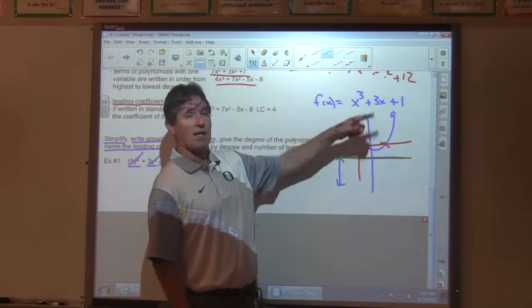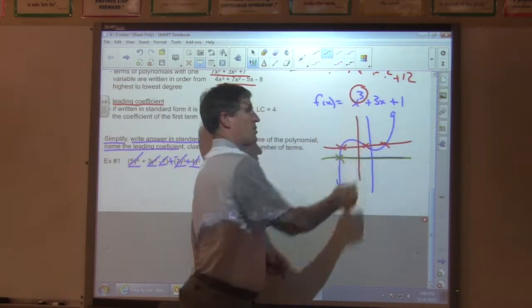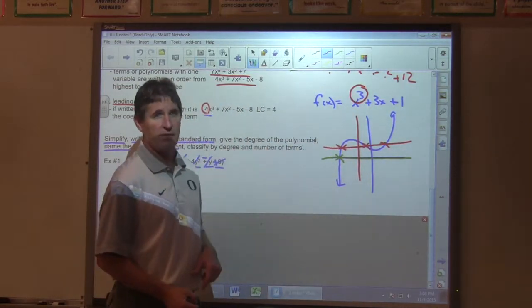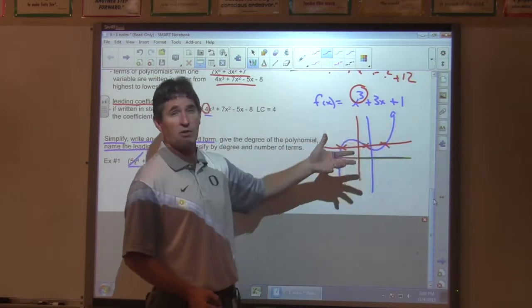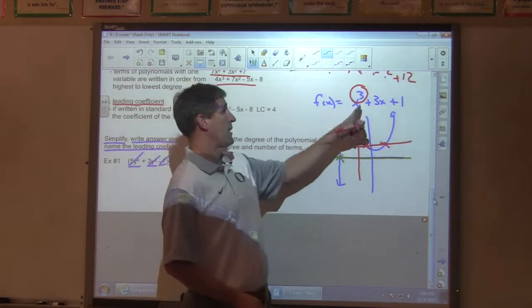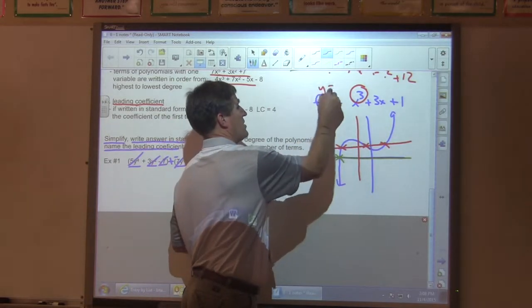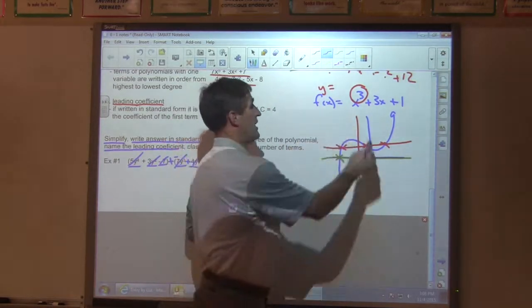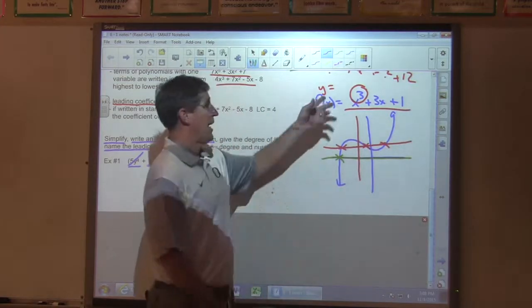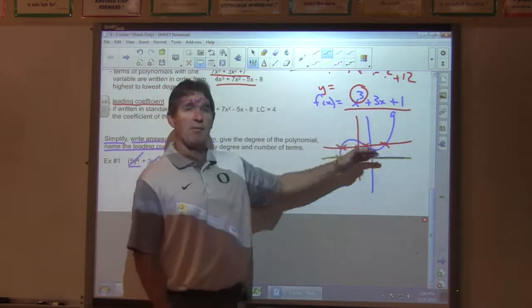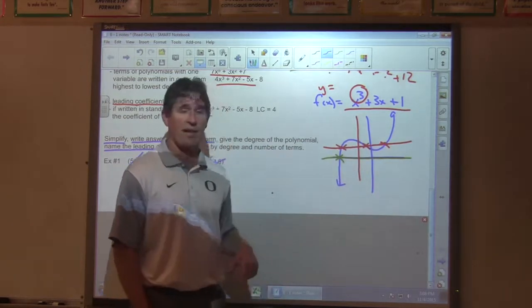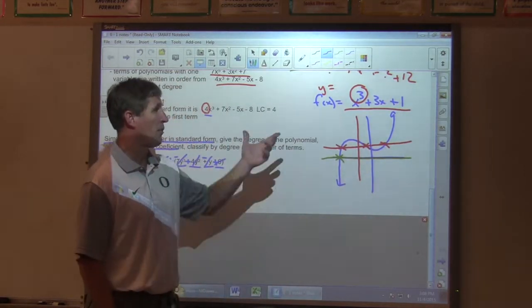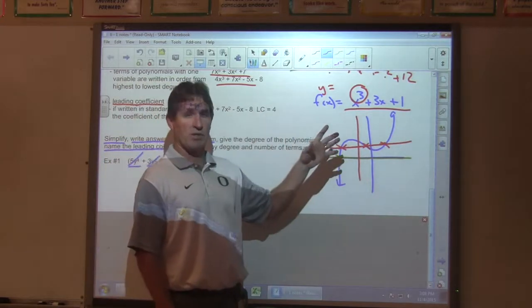Remember, the highest degree tells me how many answers I'm going to have, so it can't cross more than 3 times or you've got a mistake on your graph. All you have to do is type it into the calculator in the y equals, get the graph, and just tell me how many real zeros it has. If you want to do a freehand graph of it, that's fine. But all I really want out of this is how many real zeros it has.